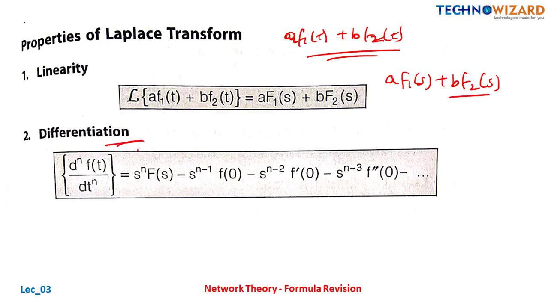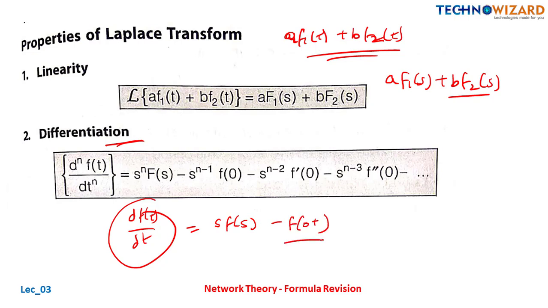Second is differentiation. Suppose df of t upon dt is given, then how you can differentiate this? S f of s minus f of 0 plus, taking the initial condition into account. Okay, this is the general formula for this.